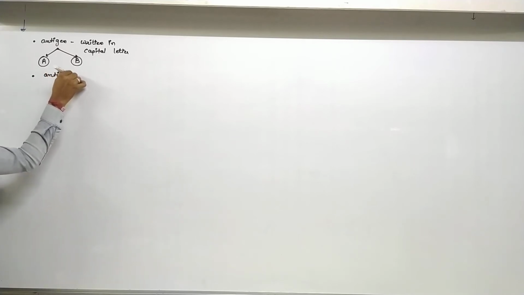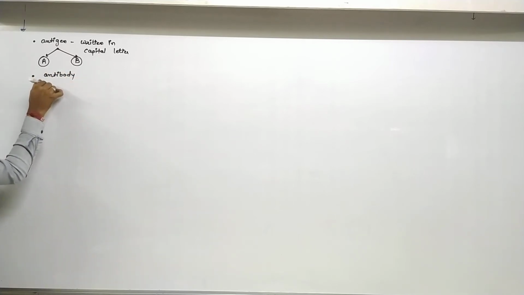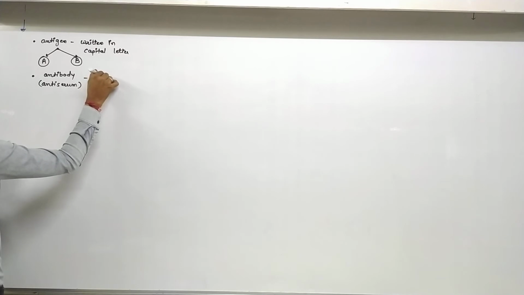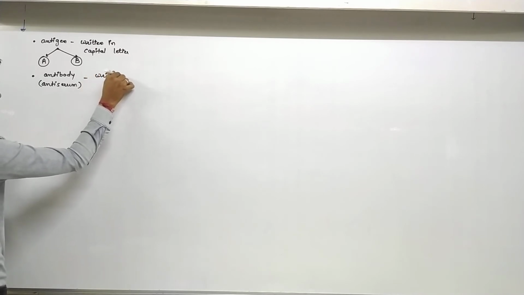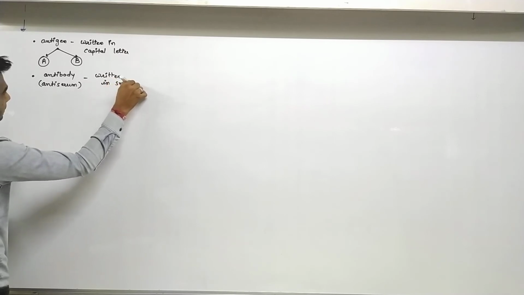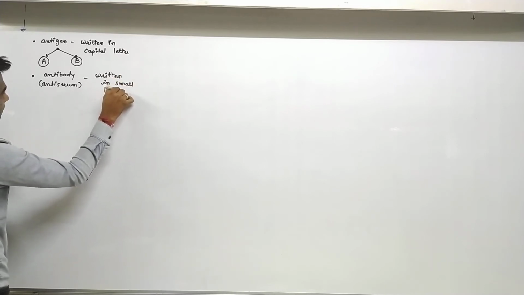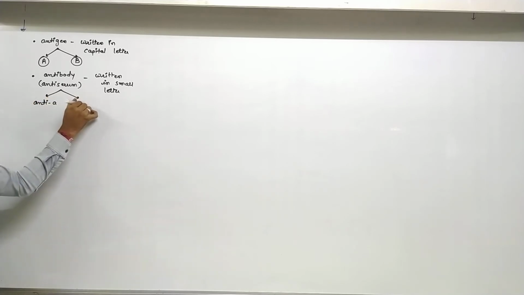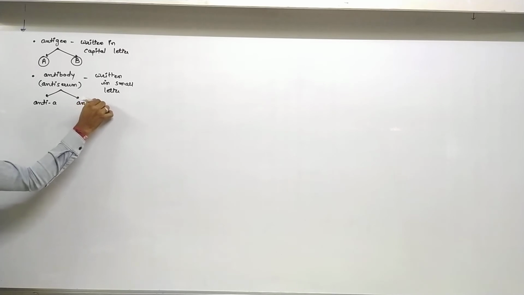Antibody or anti-serum is written in small letters. So antibody can be represented as anti small a and anti small b.